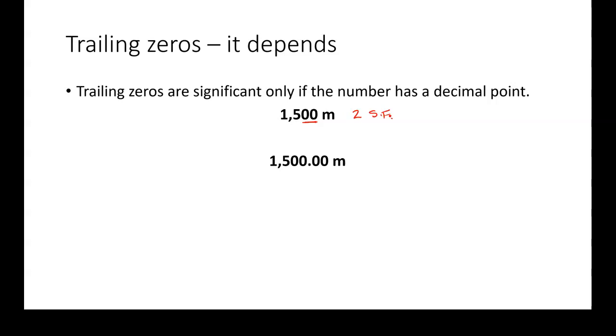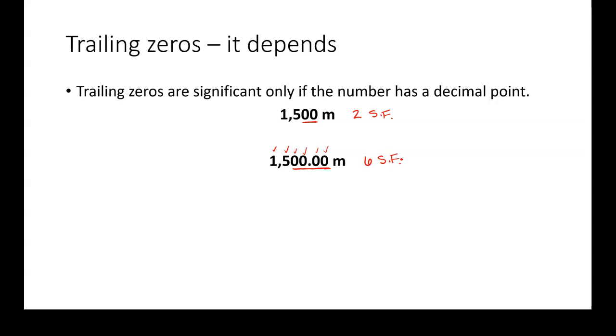But if we know that we calculated it all the way to the hundredths place, and we're using zeros to show that it is exactly 1,500 meters, then we count all of the digits. So we have 1, 2, 3, 4, 5, 6 sig figs.